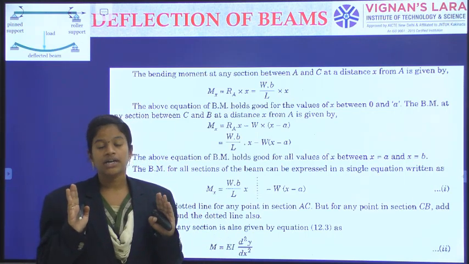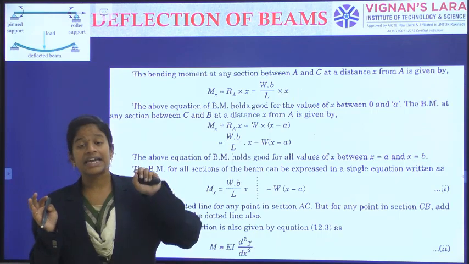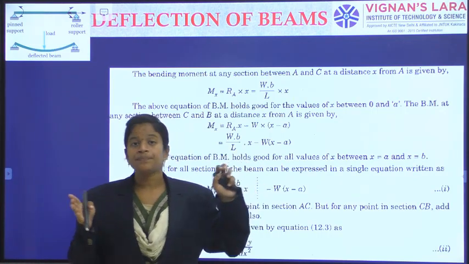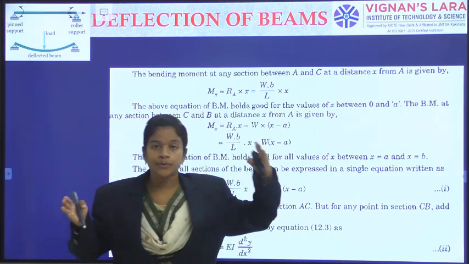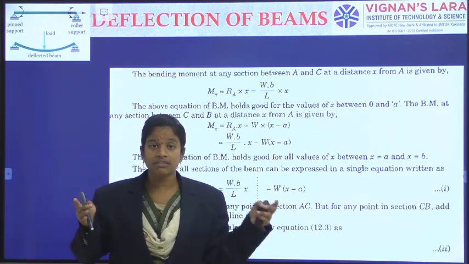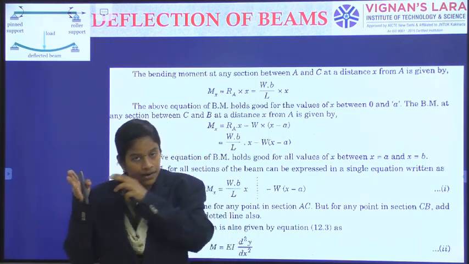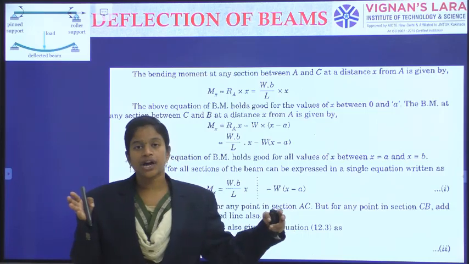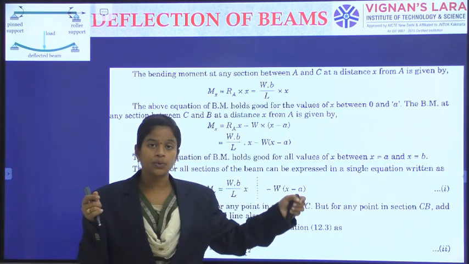So from point A to point C, when you want to calculate the deflection, slope, or anything at any point, you consider up to the first dotted line. But when you take any point between C and B, you must consider the whole equation, not just the left part.